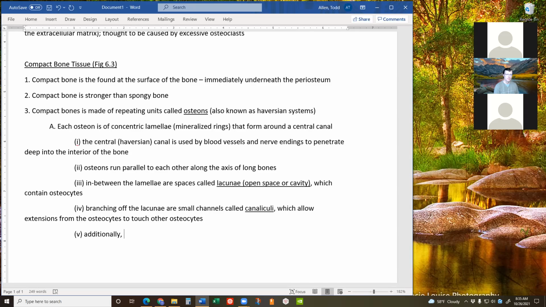Additionally, the canaliculi are used to deliver oxygen and nutrients into bone cells.